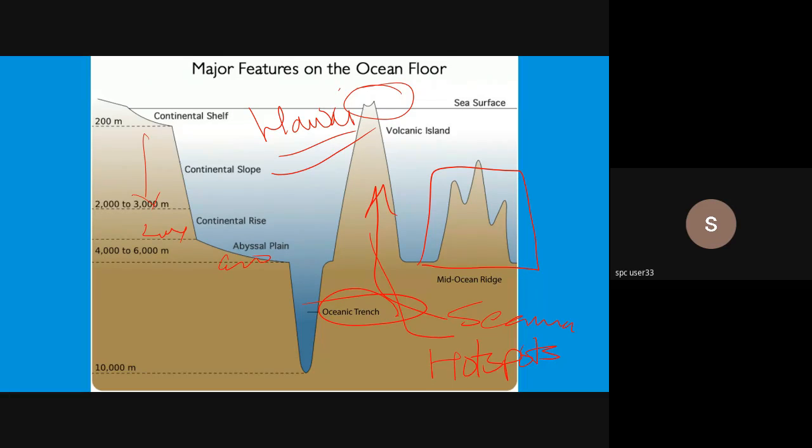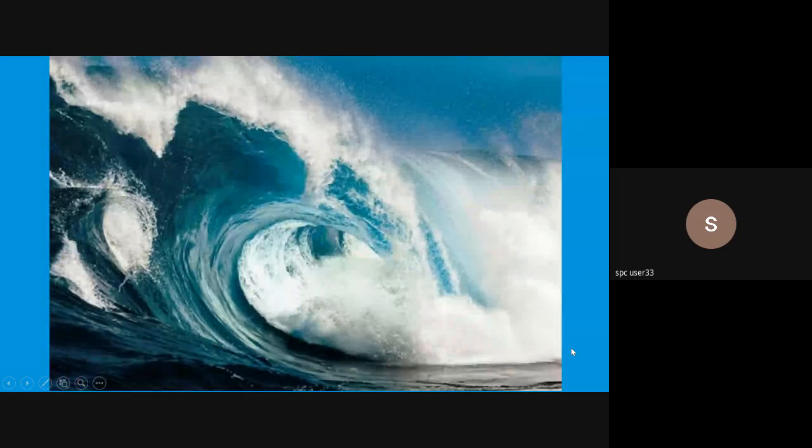These are areas where you have hundreds of millions of tons of lava. I think we spoke about these hotspots in the first semester also when we were speaking about plate tectonics.